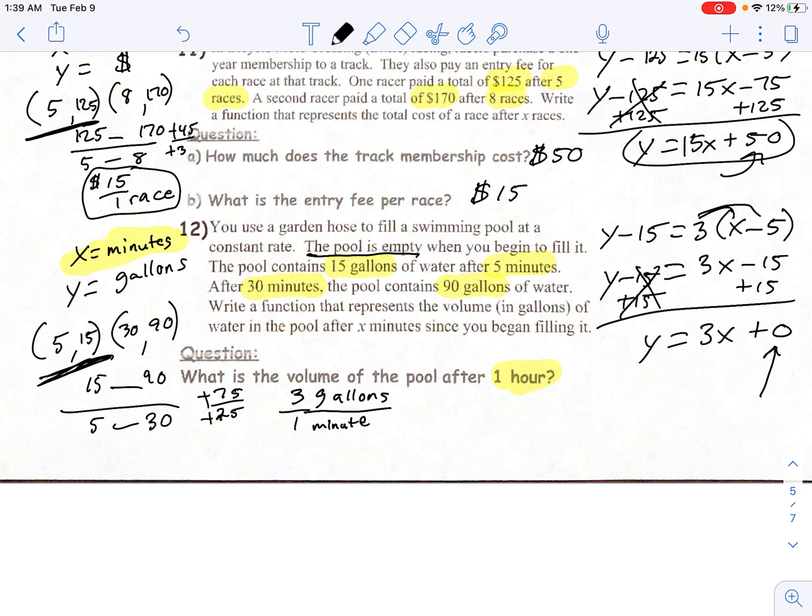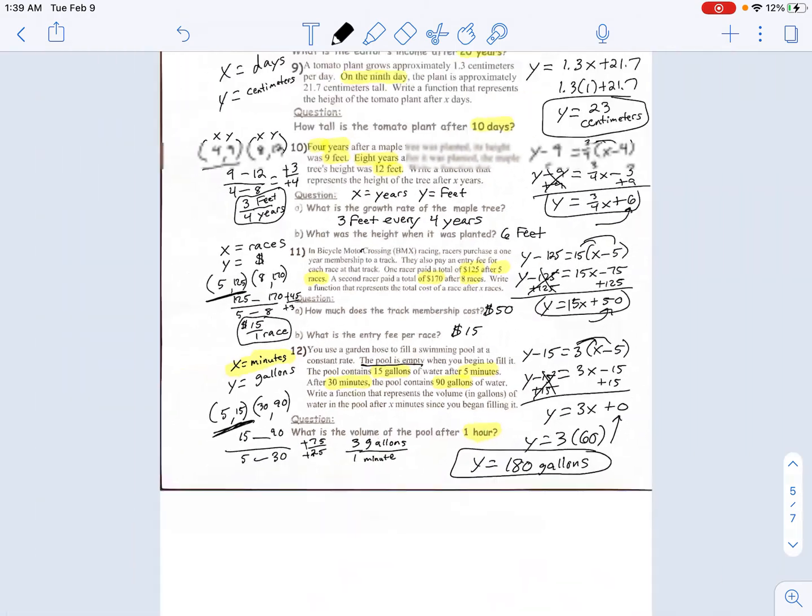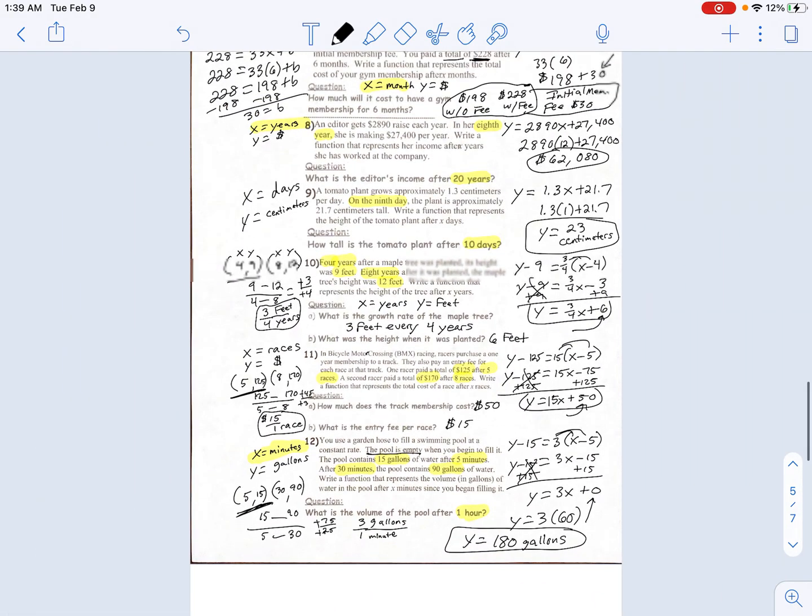So we all know that there are 60 minutes in an hour, so we're going to go ahead and plug in 60 minutes because that's 1 hour, all right? And that gives us 180 gallons. Because we're solving for Y, the label is in gallons. So 180 gallons is our answer.